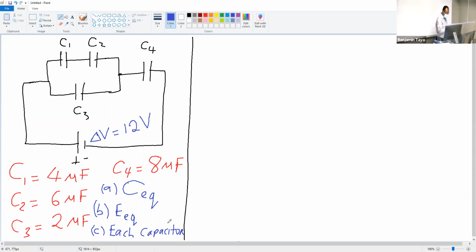All right, so let's look at part A. Do you see that? C1 and C2 are in series, right? So it means that I can combine C1 and C2.